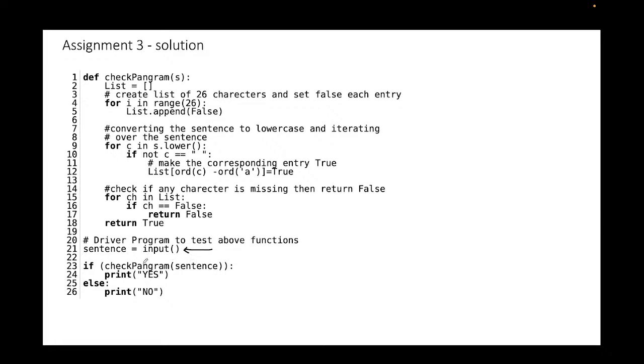We are calling a function check pangram. If it returns true, then yes, otherwise the sentence is not a pangram. Okay. So the definition of this function check pangram goes here.